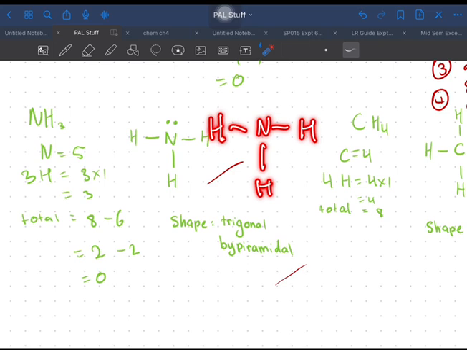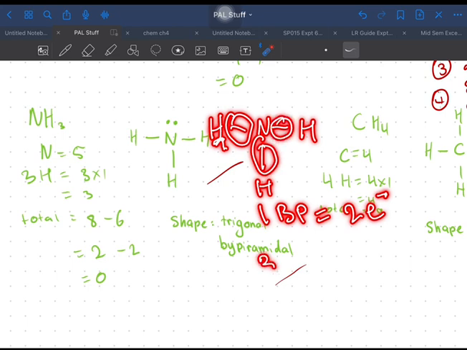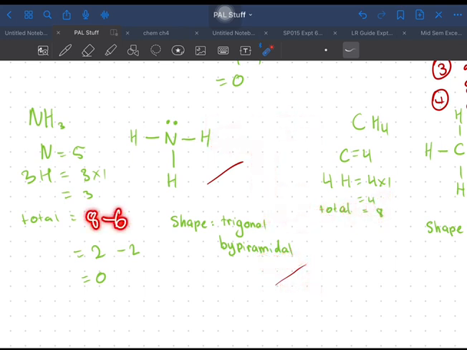From what I have explained, one bonding pair equals 2 electrons. So we have 3 bonds, 3 times 2 equals 6 electrons. 6 electrons used. So 8 minus 6 equals 2.